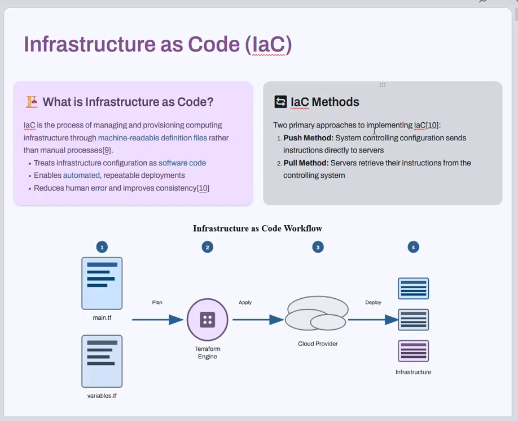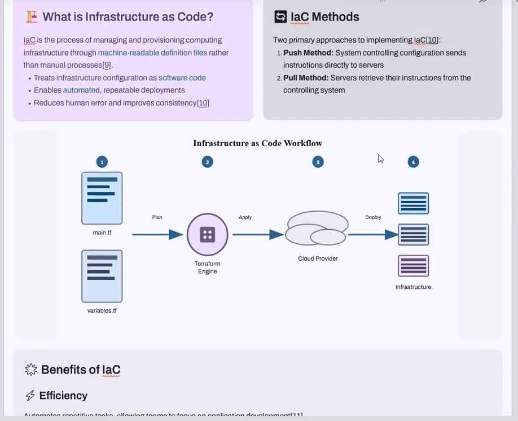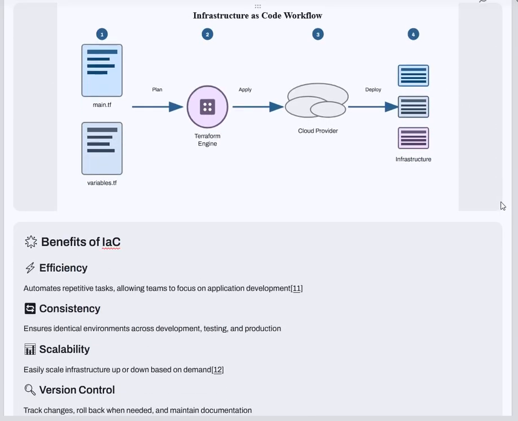Infrastructure as code has two primary approaches to implement IaC. The first one is the push method: the system controlling configuration sends the instructions directly to servers. And the pull method is where servers retrieve their instructions from the controlling system. So that's called the push and pull method.